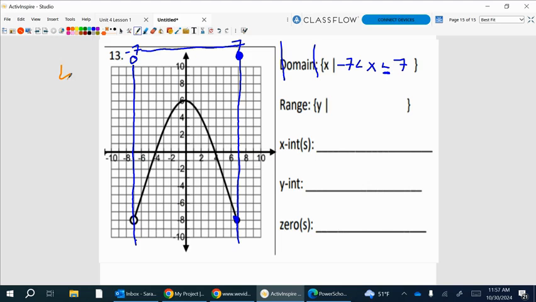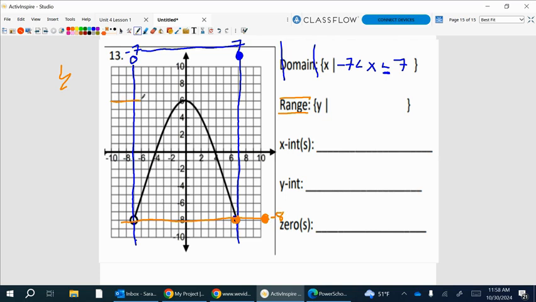Now we're going to do the range, the floor, and the ceiling. I come up from the bottom. Here is my floor. I have one open circle and one closed circle. Because this one is closed, it means that that point is included. So I'm going to do a closed circle with negative 8. And then I come down from the top.